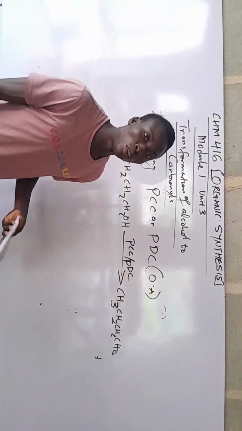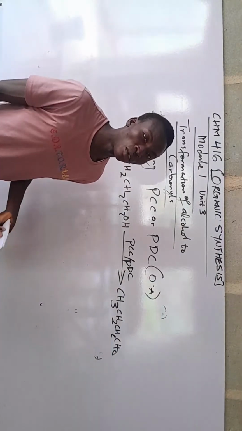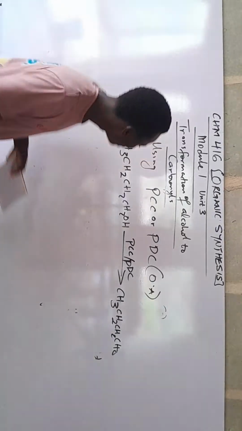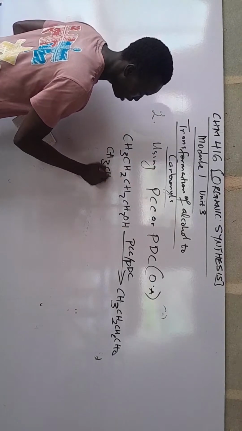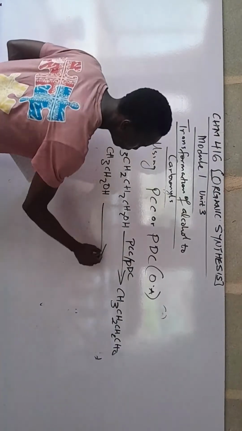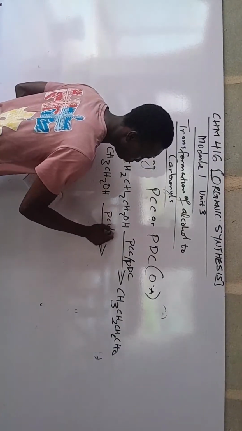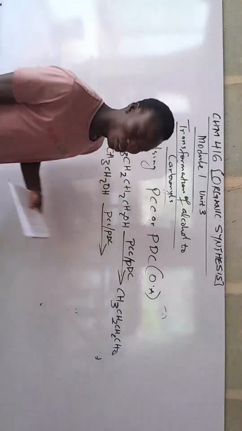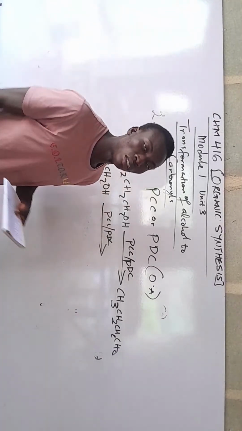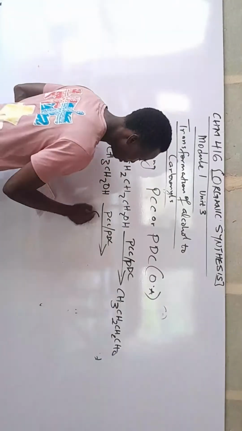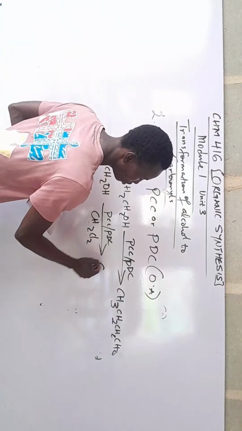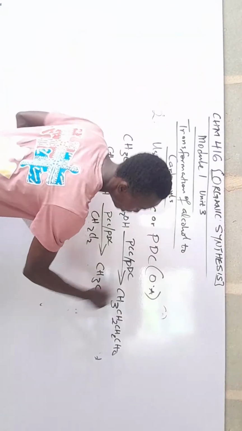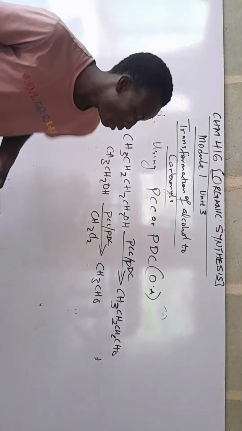This can also be used to convert ethanol to ethanal. So there we have CH3, CH2OH in the presence of PCC or PDC as the suitable oxidative agent, using CH2Cl2 alongside. Then we have the production of CH3CHO as the needed product.